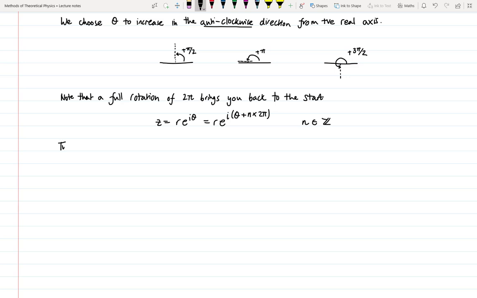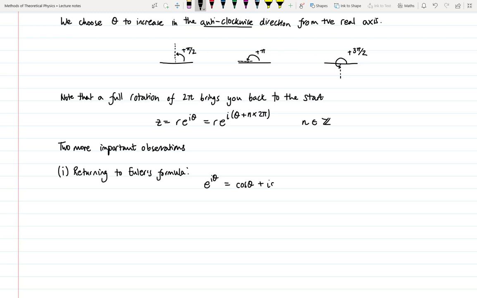Now, there are two more important observations. One will come from returning to Euler's formula. We have that e to the i theta is cos theta plus i sine of theta.